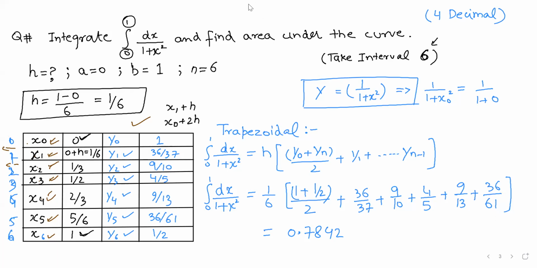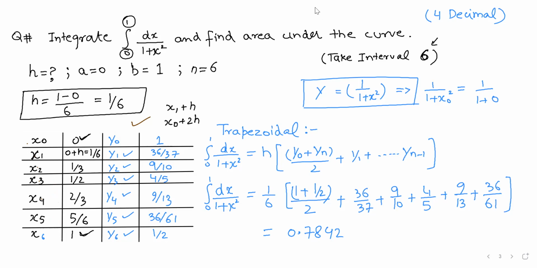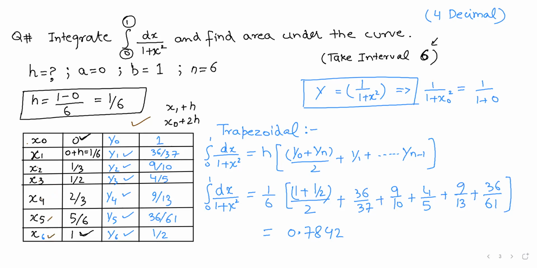Okay, so let's make it clear again. How we are going to move is, we will first see the intervals. Intervals in here are 6. The values are 7.